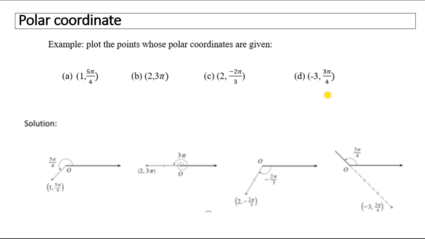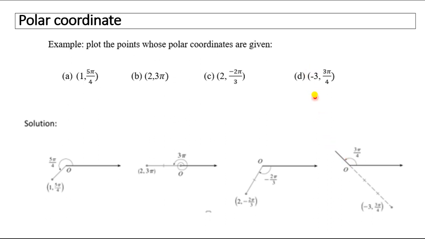D: (-3, 3 pi over 4). Because I start with theta equals 0, I draw theta 3 pi over 4. This line is theta 3 pi over 4.